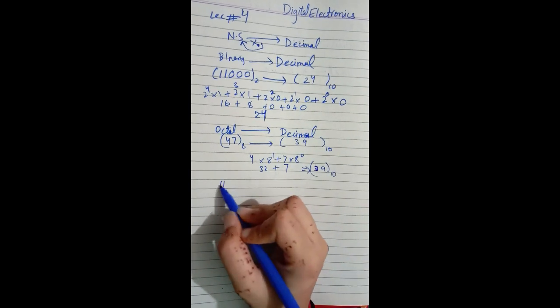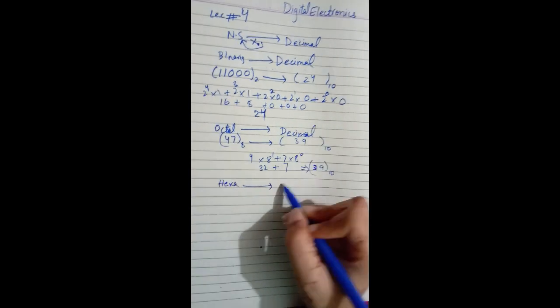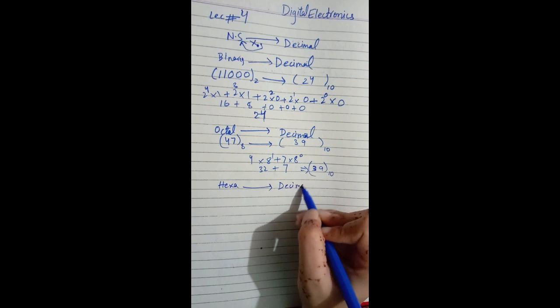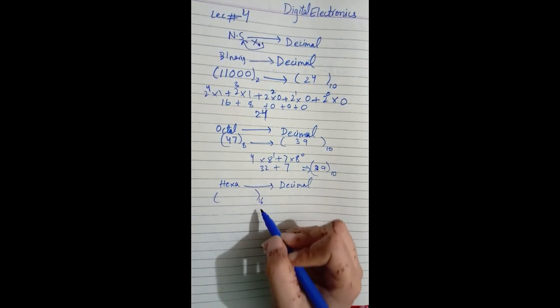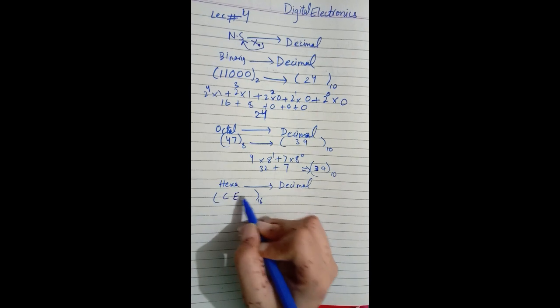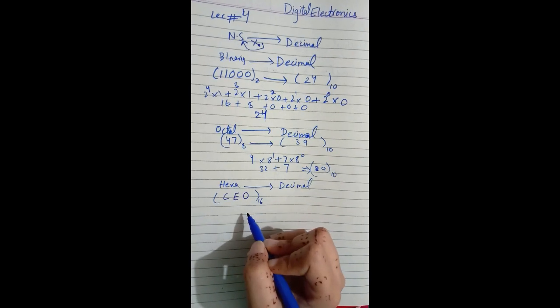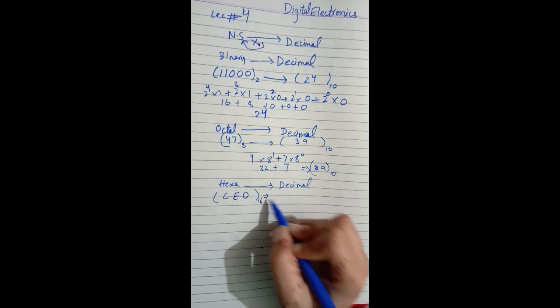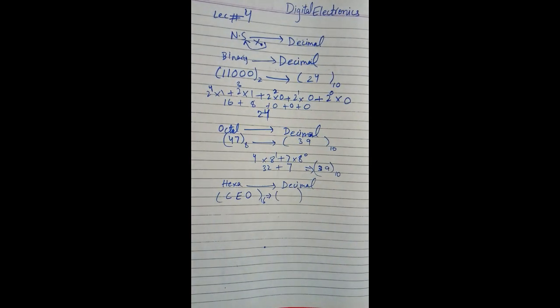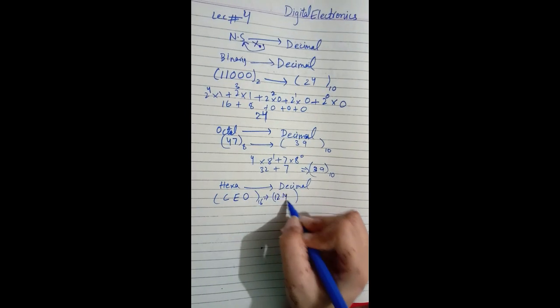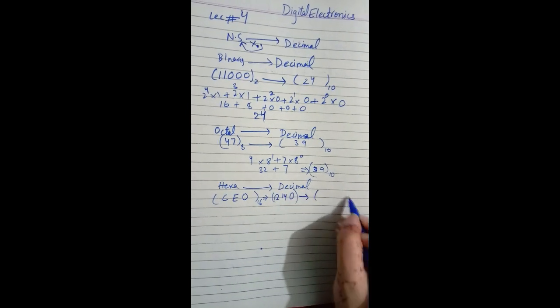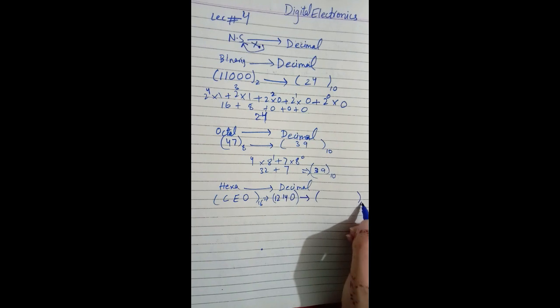Now to go from hexa to decimal, we will use the number in hexa with base 16, C, E, 0. Now we will convert it to the numbers. It is 12, 14, 0, and now we will convert it to the decimal with base 10.